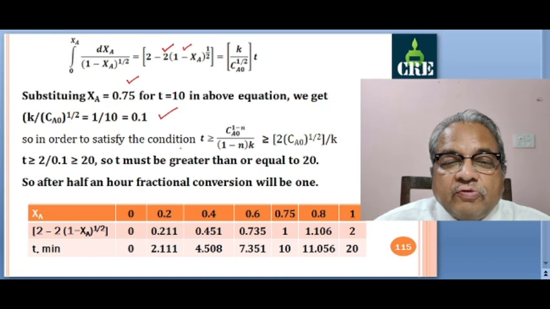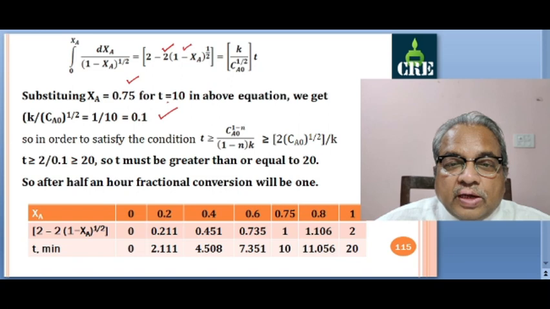So in order to satisfy the condition, now we know this value will not change. K by Ca0 raised to half is 0.1, which we got when I substitute time is 10 and Xa is equal to 0.75. The bracket becomes 1, so 1 by 10 is 0.1.